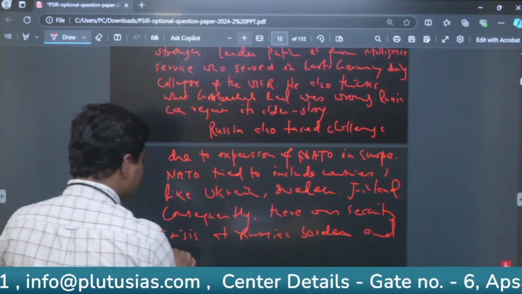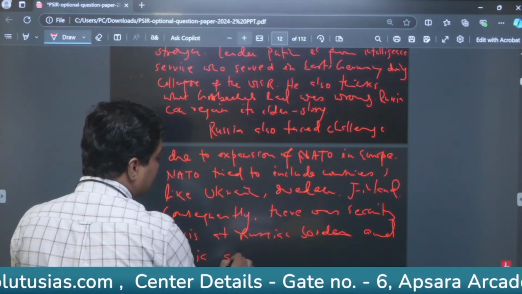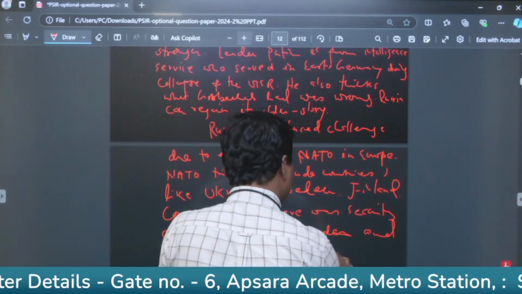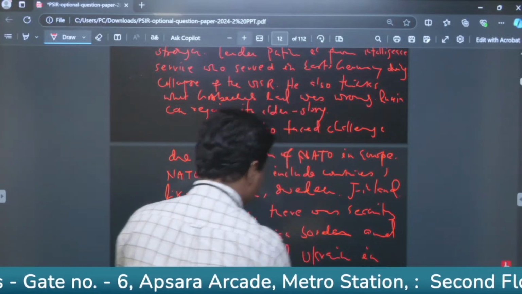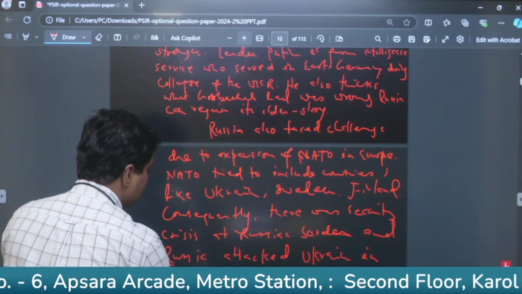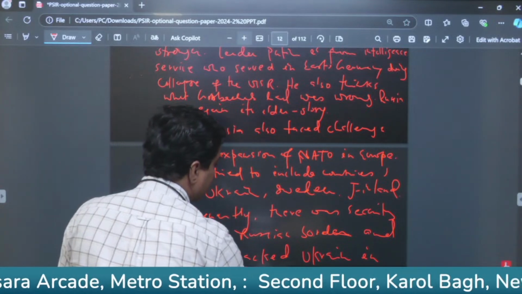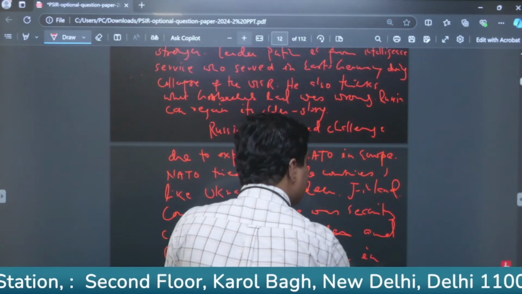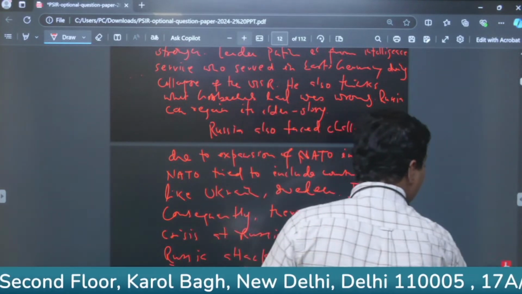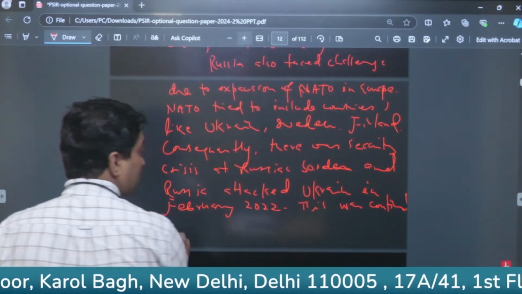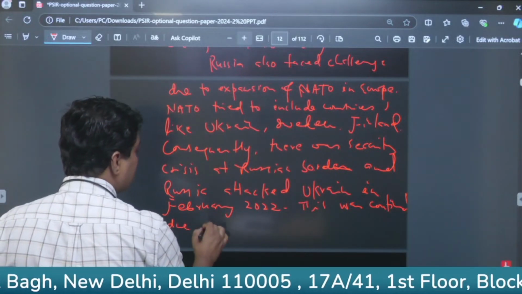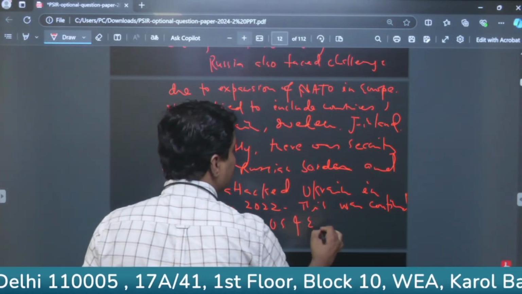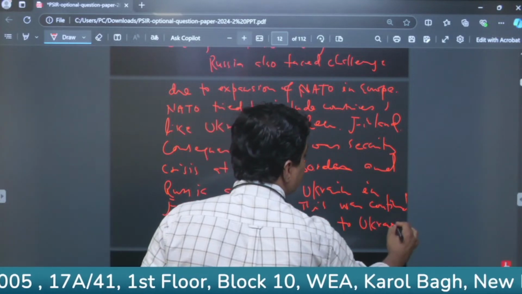And Russia attacked Ukraine in February 2022. This war continued due to the help of the US and EU to Ukraine. Right?